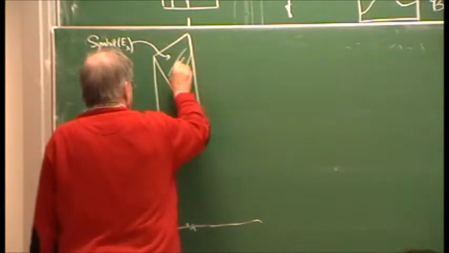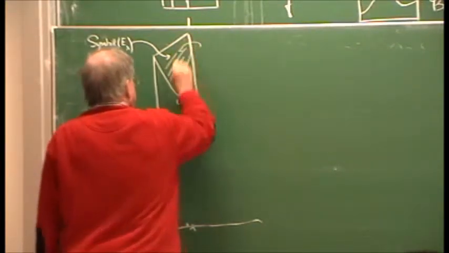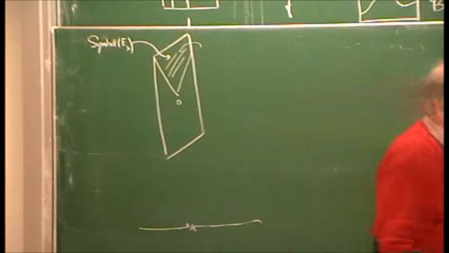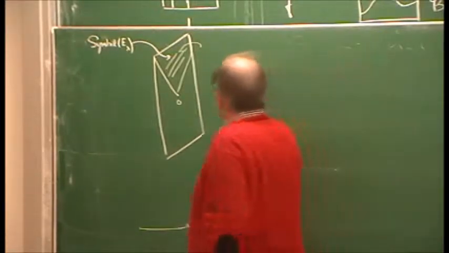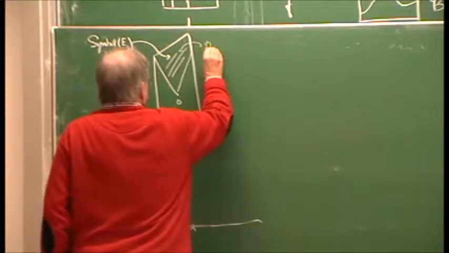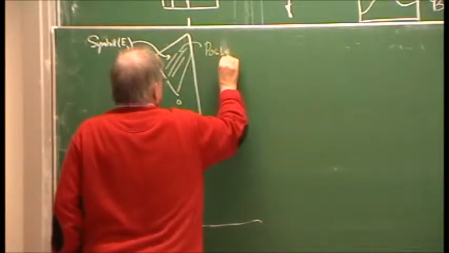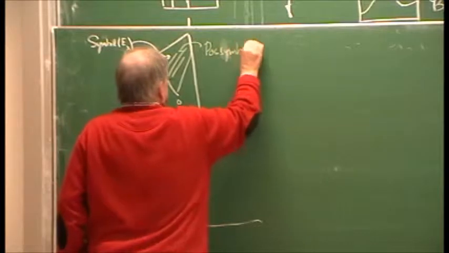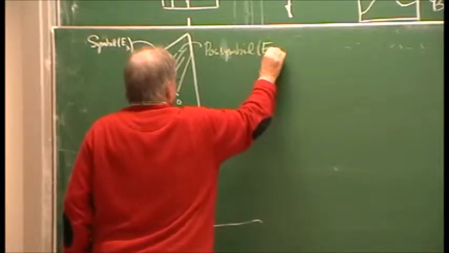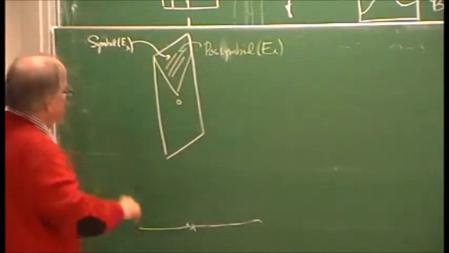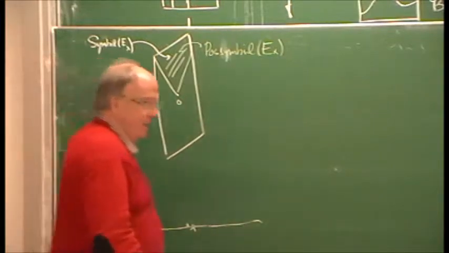So it looks something like this. This would be the positive definite bilinear form. This is a positive definite bilinear form, a symmetric bilinear form on the fiber over X. Now, I hope you're starting to get a feel for the picture.